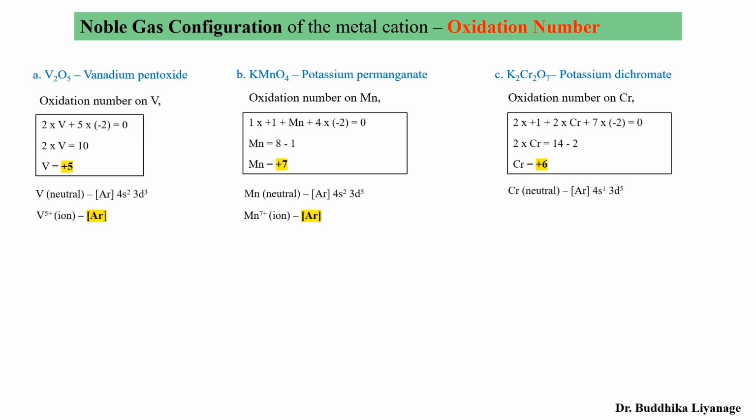So what is chromium +6? We need to remove 6 electrons starting from the outermost shell, the larger n number shell. Then chromium +6 is again the argon configuration.